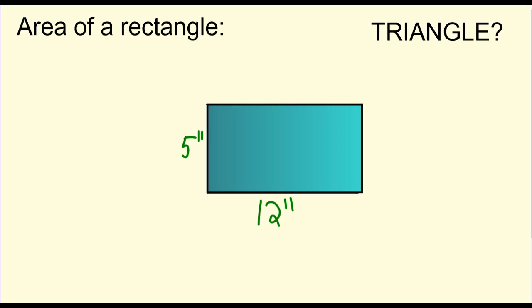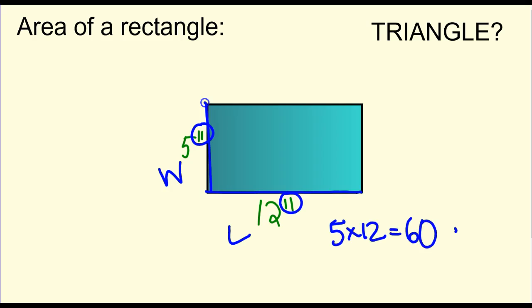So, area of a rectangle. This is one you probably remember. If I wanted to find the area of this rectangle, most of us probably remember I would multiply the length times the width, right? 5 times 12. That would give me the area of that rectangle. These are inches. If you see that marking, it means inches. So 5 times 12 gives me 60 square inches.